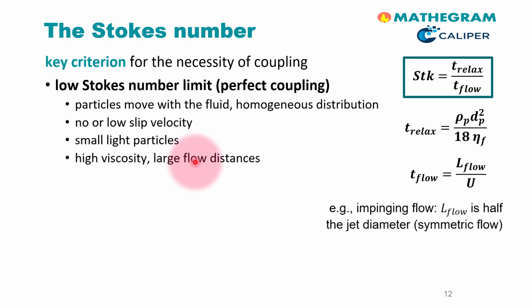For example, in an impinging flow in which particles flow with a gas through a nozzle onto a plate, we have the relevant length scale as half the jet diameter. If now the jet diameter is large and the jet velocity sufficiently small, particles may only insignificantly move relative to the fluid when flowing through the nozzle.